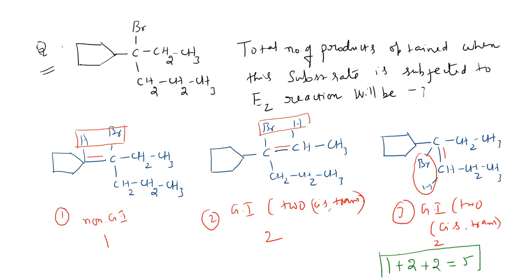So if you see this one, there is a hydrogen here. Hydrogen and halogen are removed, and a double bond is established here, making this compound a product only. But after the formation of the double bond, you don't have any kind of rotation possible.